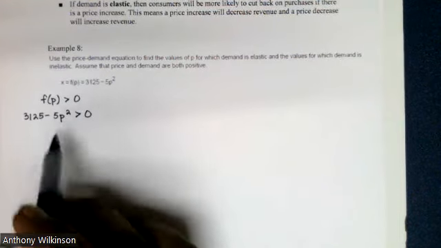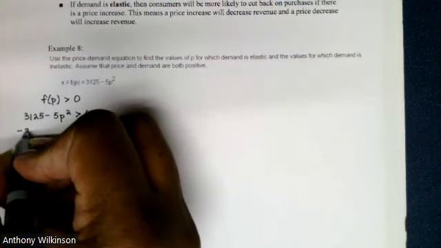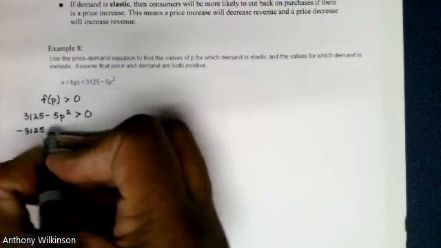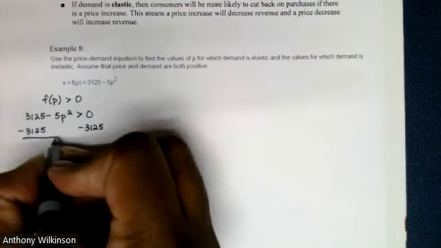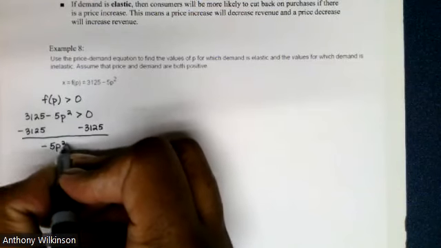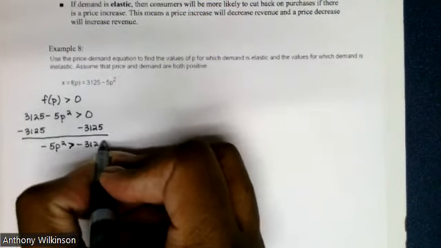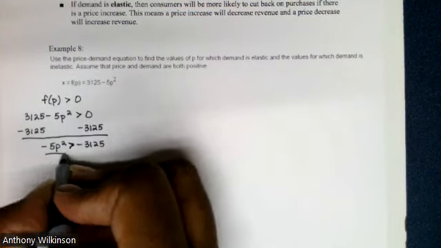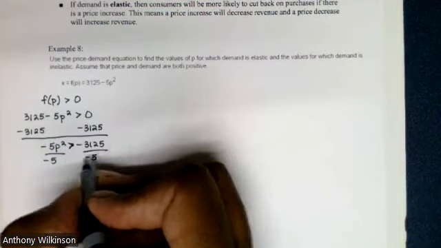All right, so here's what I'm going to do. I'm going to get the minus 5P squared by itself. So that means I need to subtract 3125 on both sides. So that means negative 5P squared is greater than negative 3125. And to get P squared by itself, I'm going to divide both sides by negative 5.